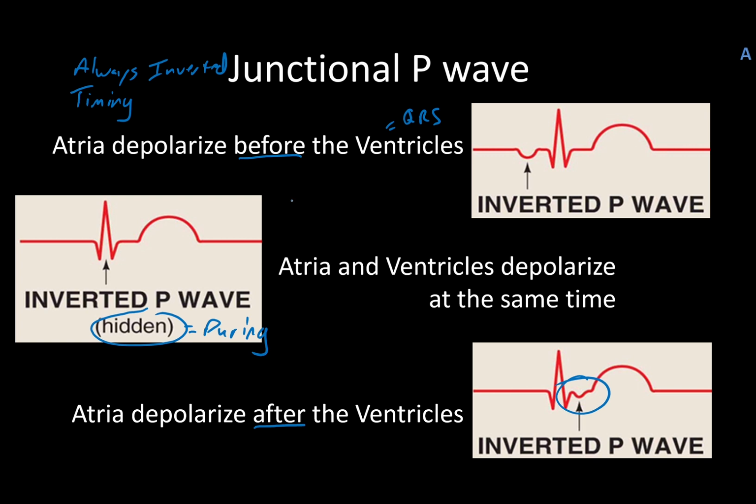So it almost always means that you've got a junctional rhythm. And more importantly, if you have a normal QRS and then no P wave, you're probably also dealing with a junctional rhythm. You just have to go through and prove it. And so that's what we'll go through next.